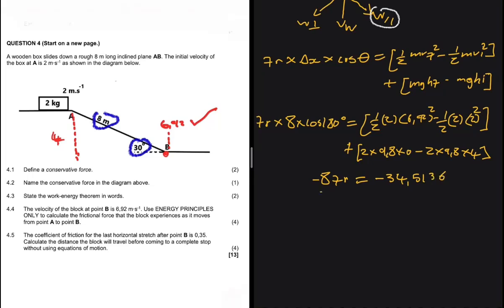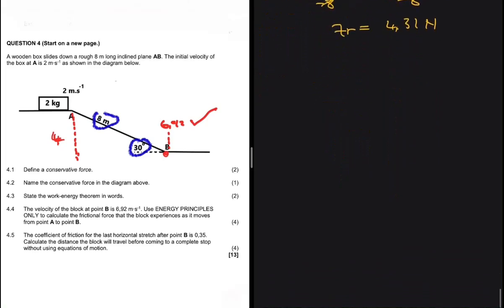Then if we divide both sides by minus 8, we're going to get the frictional force being equal to 4.31 newtons. So that is 4.4. Let's do 4.5 real quick.